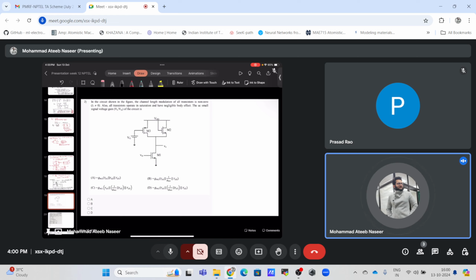So the problem now in hand says that we have a circuit in the figure, and we have to consider the channel length modulation. That's where Y22 will not be 0 now, because Y22 will now be dependent on the VDS. This is the main factor that comes into the picture.